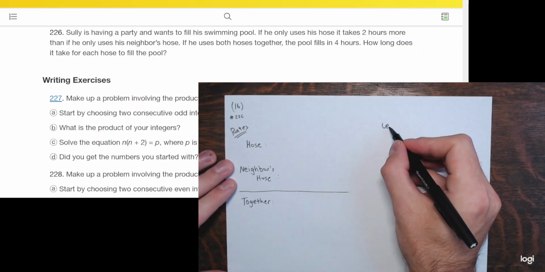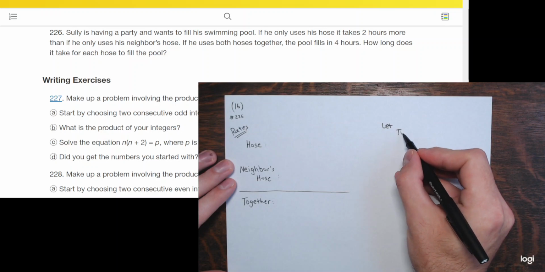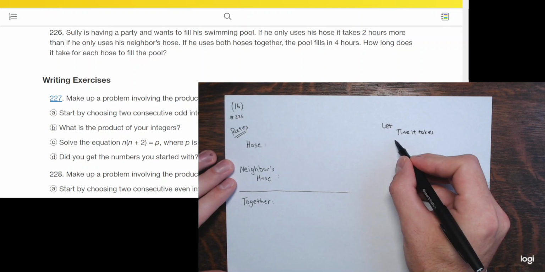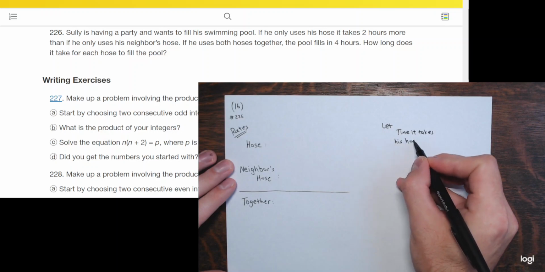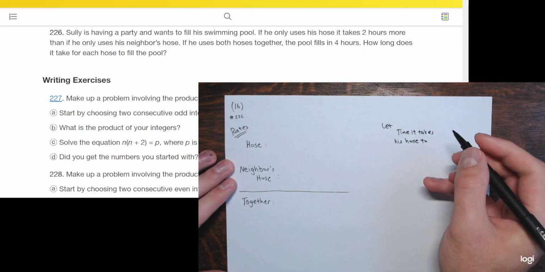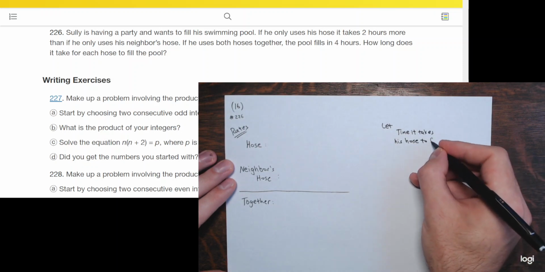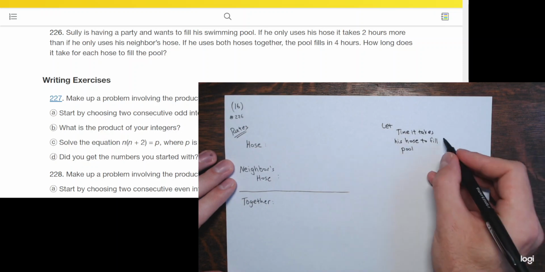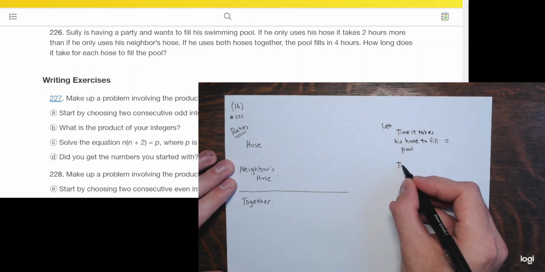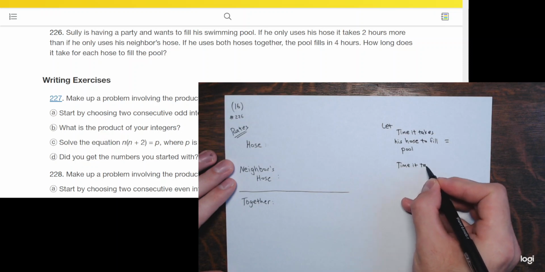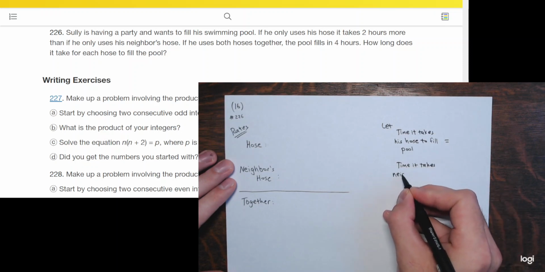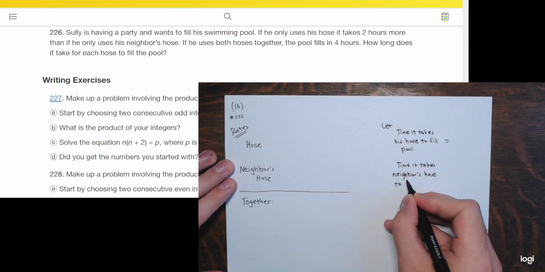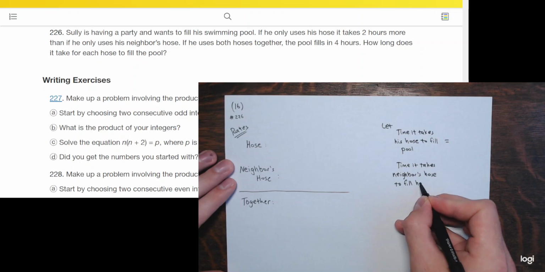So I'm going to let the time it takes his hose, Sully's hose, to fill the pool be something, and the time it takes the neighbor's hose to fill the pool be something else.